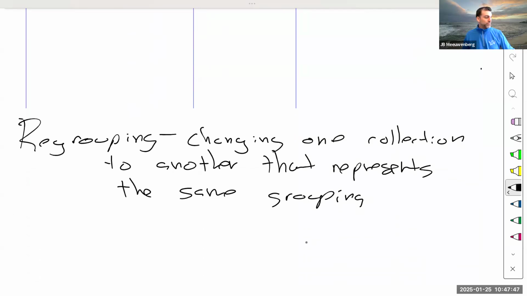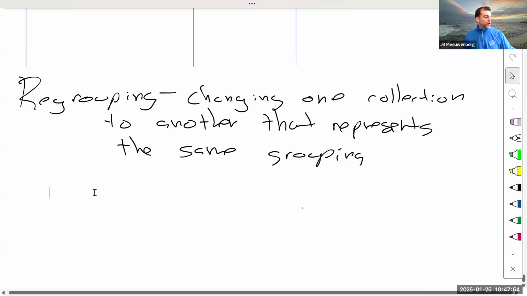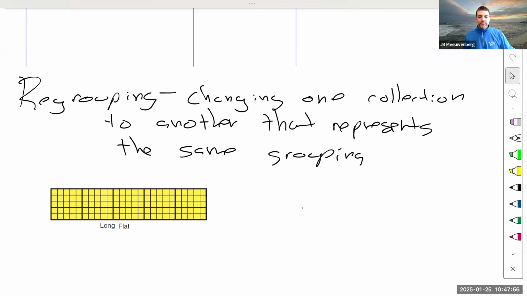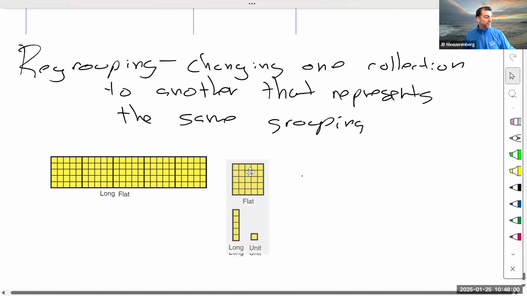We talked about these earlier, but I will remind you of what they are. So we have our long flats, or flats, our longs, and our units. There we go.